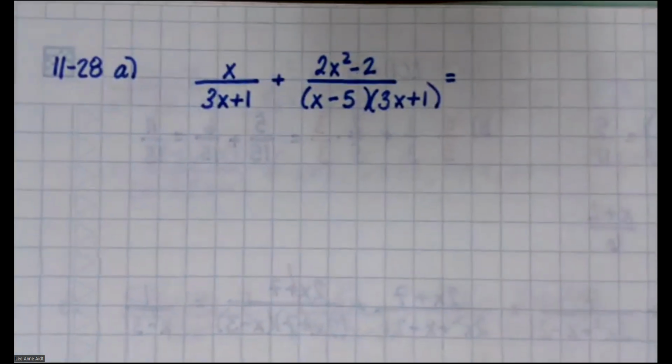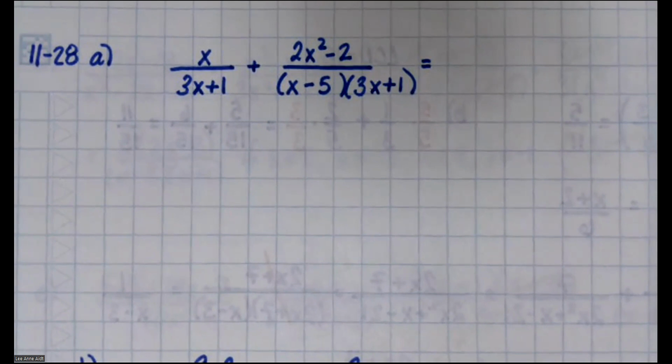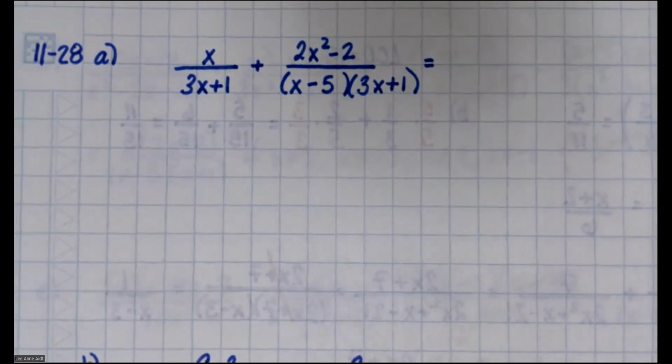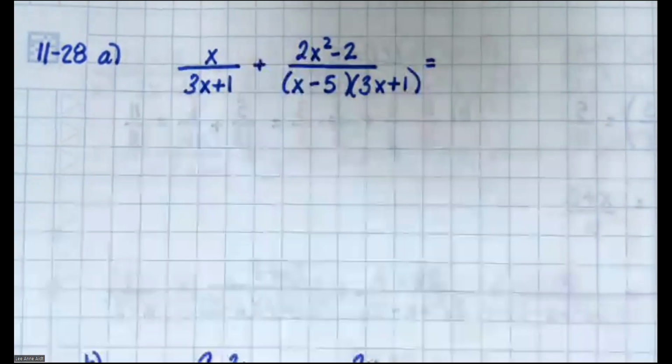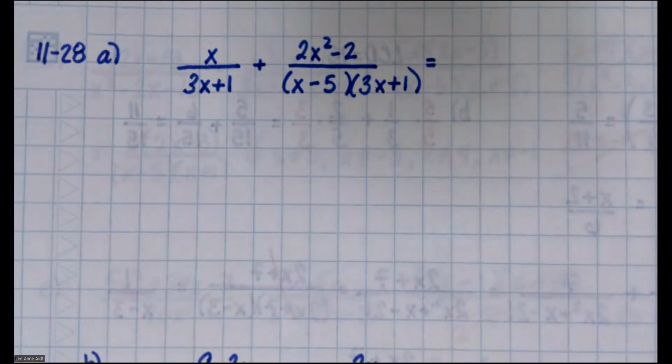Just gonna show you this one for now. Let's just focus on one thing at a time. Also, notice that I started my problem with some space here that is on purpose.